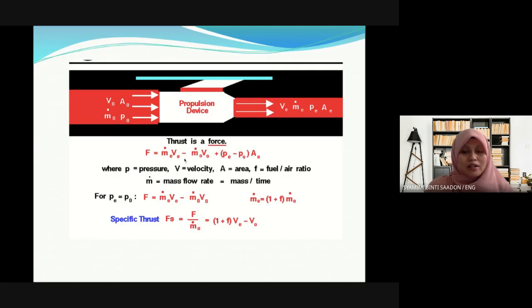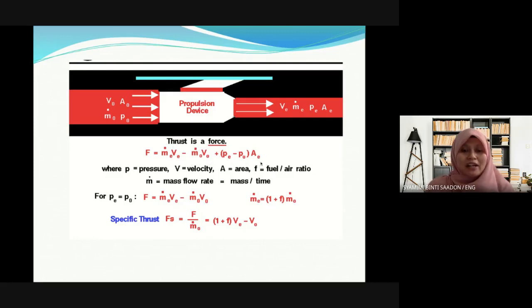Here we use velocity, so we multiply with the mass flow rate at inlet and outlet. We define the first and second terms together as the momentum force.